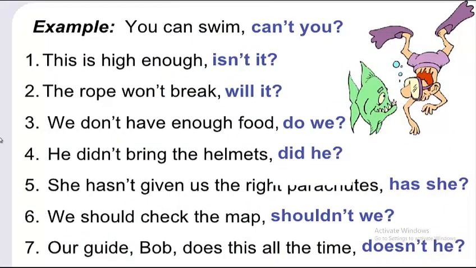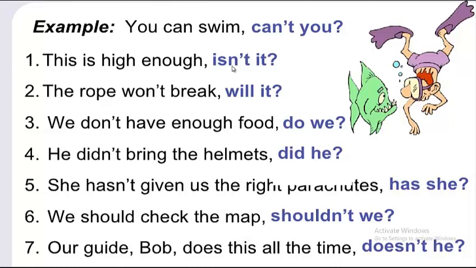Let's see more examples. You can swim. Here can, can't. The sentence is affirmative. Here can't, followed by the pronoun you. This is high enough. The auxiliary verb here is. The sentence is affirmative.